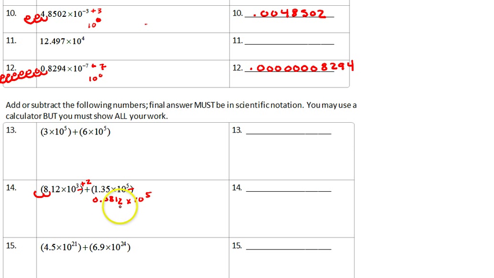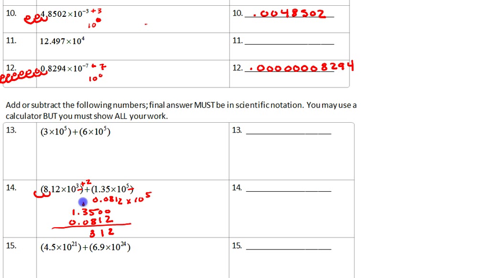So I have 1.35 plus 0.0812. Add some zeros. Remember, in addition, you need to line the decimals up. Get 2, 1, 5, and 8 is 13.